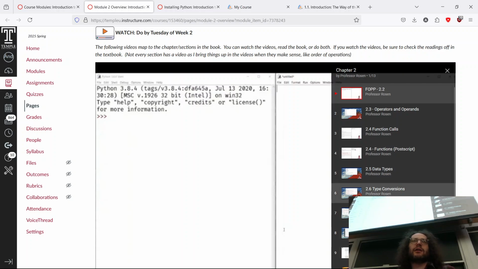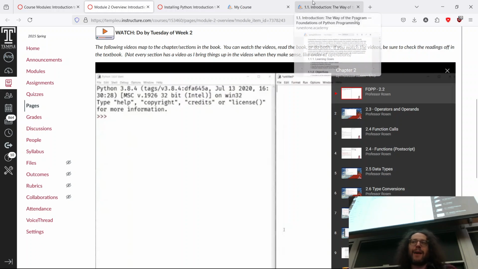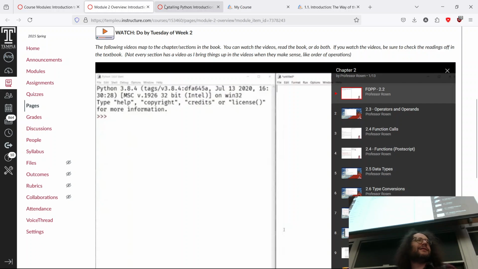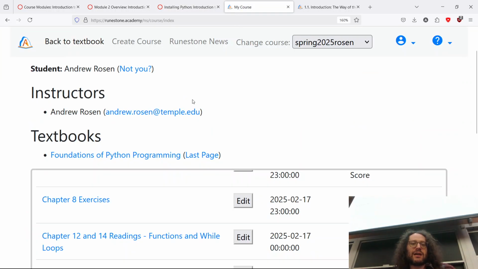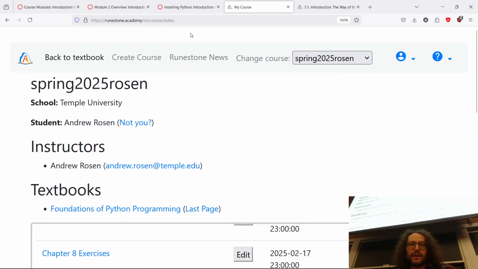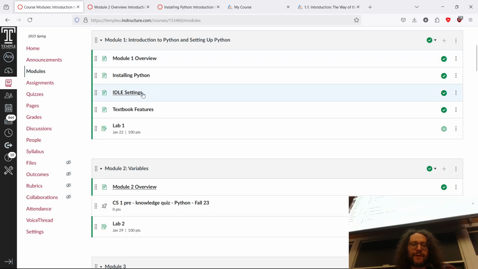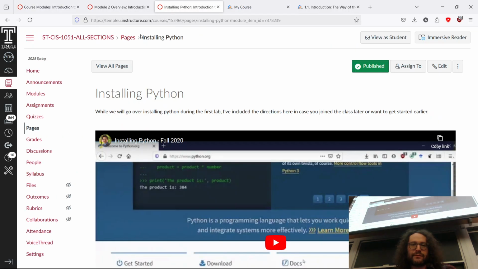So you have not only a written example, but a video example. You don't have to read. You can watch the videos, you can read the book, you can do both. And then you can manually check off that you did the reading. Whatever works for you. I'm just trying to give you as many resources as I can to help you succeed. But again, this is a free textbook, and I find it's fantastic for this class.